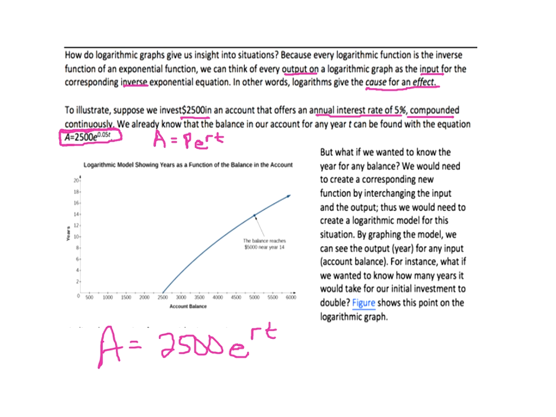In this case the rate is 5%, which is written as 0.05 as a decimal. That's where that equation came from, and you should already be familiar with that from 6.1.